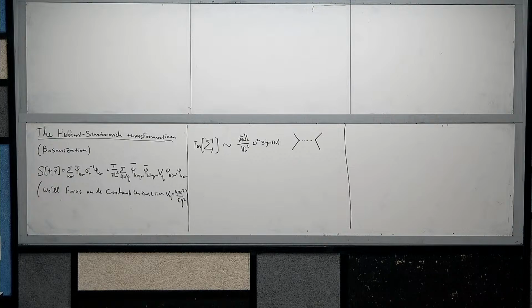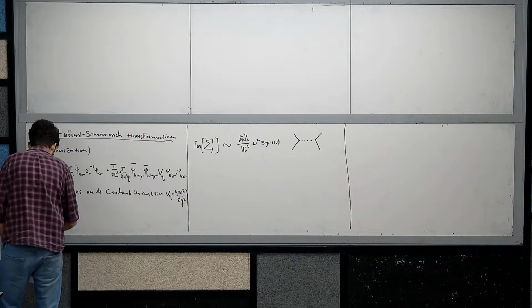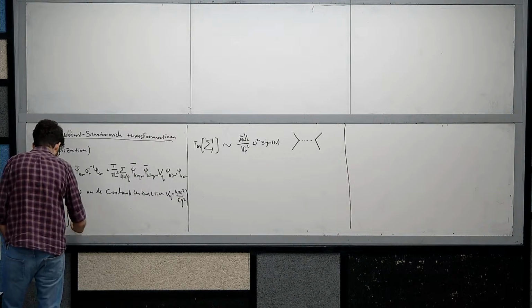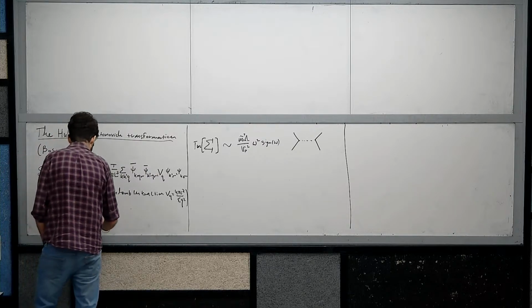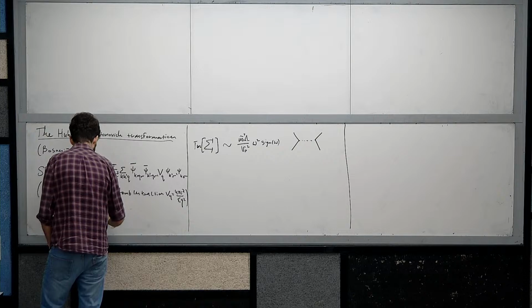Okay. So we know that the partition function is just an integral over these fermionic fields of psi, e to the minus S of psi bar psi.